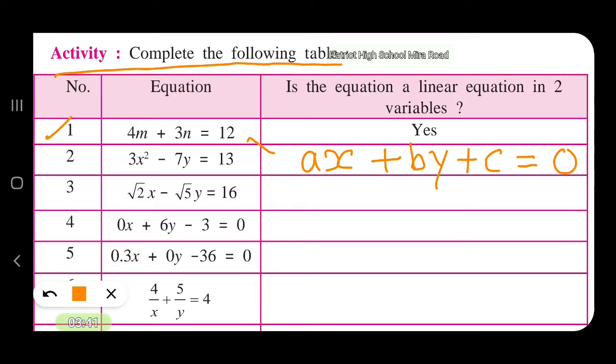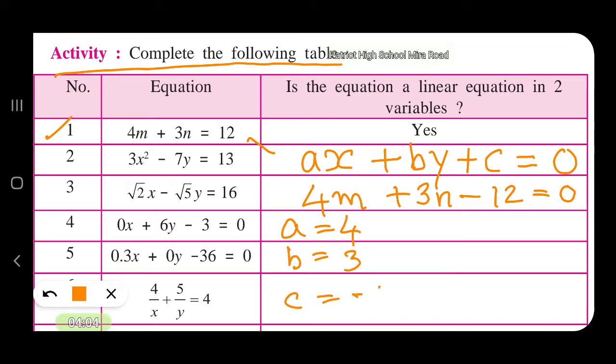Writing in this form, we will have 4m plus 3n minus 12 is equal to 0, bringing 12 to the left. Here we have a is equal to 4, b is equal to 3 and c is equal to minus 12.